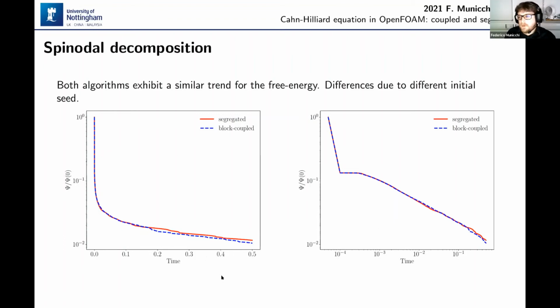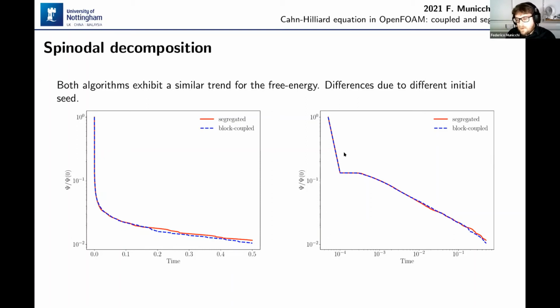You see that the behavior is different between the two algorithms. This is just because I used different seeds. The initial free energy is the same, but the seeds are different, so you have different regions where bubbles and droplets form.